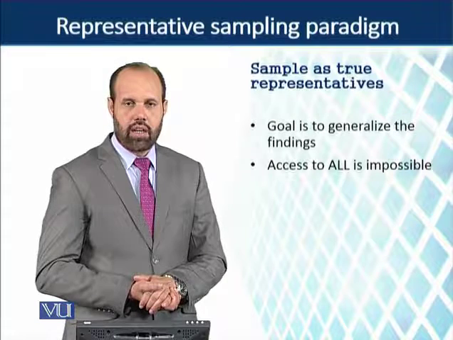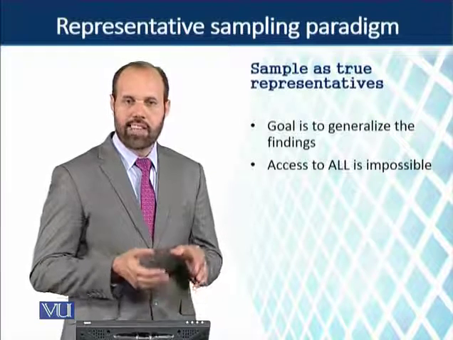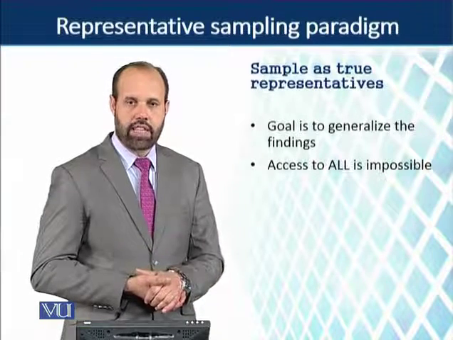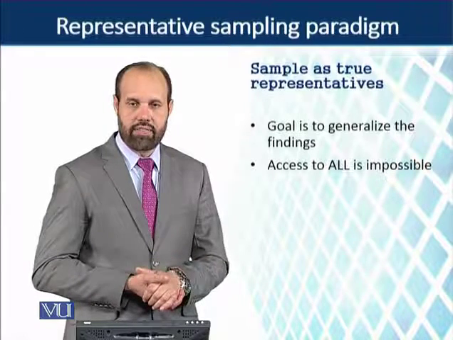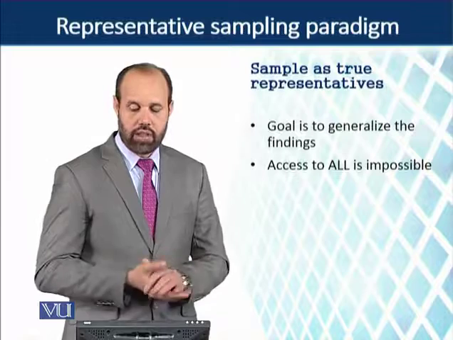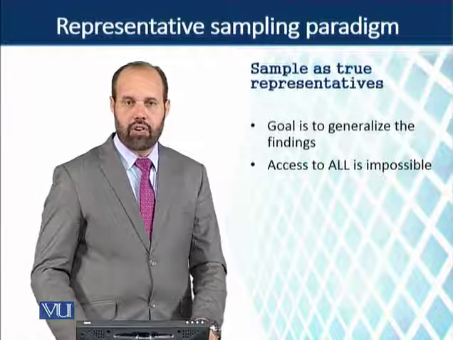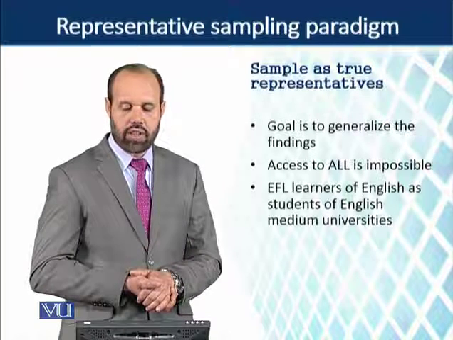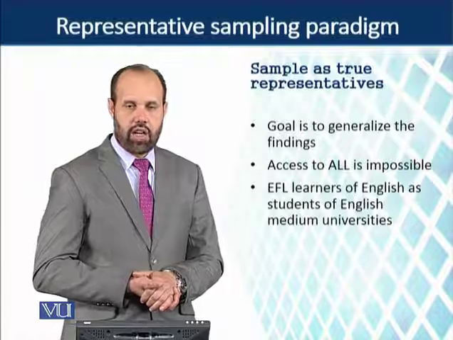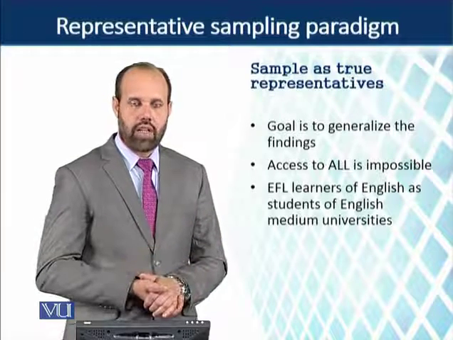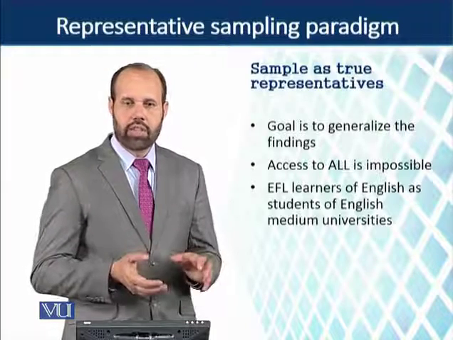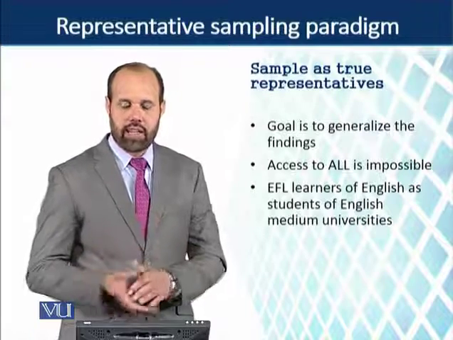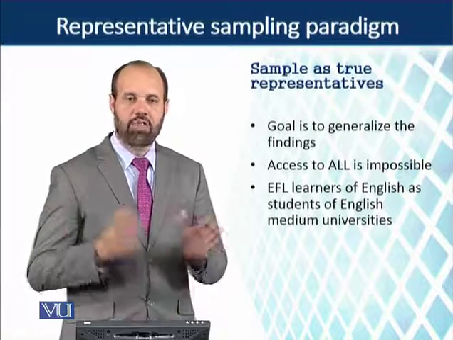Since it is impossible for researchers to access every individual member of the population, we are required to go for sampling. For example, if we want to study EFL learners of English who were students of English and studied within universities where the medium of instruction was English, then we have a very large population.